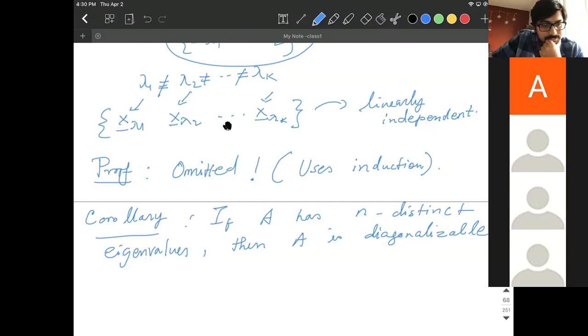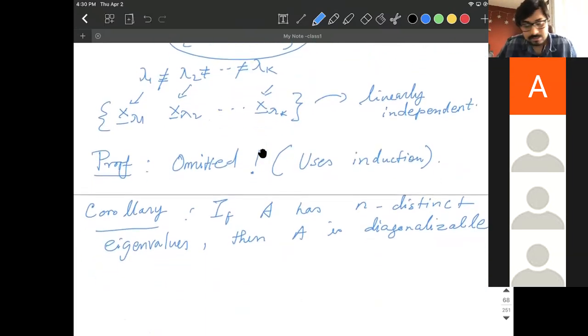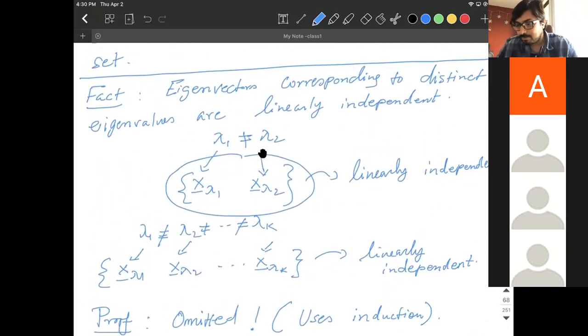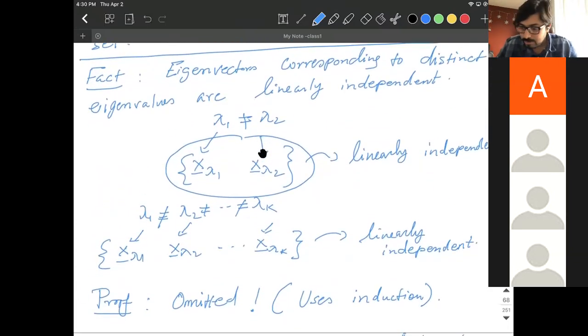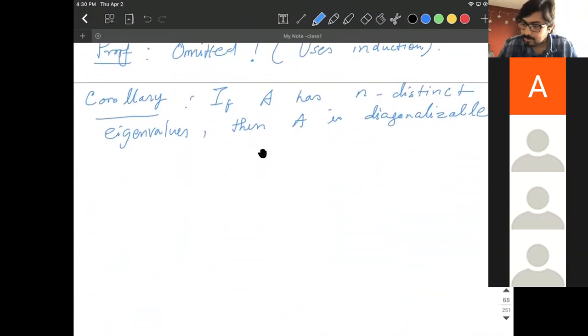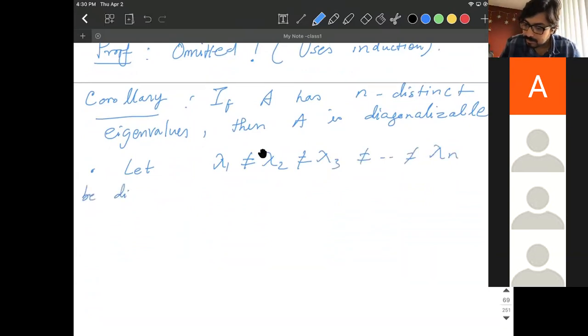No ideas? So what does it mean? A has n distinct eigenvalues. So immediately, if you appeal to this fact, what do you get? Let lambda 1, lambda 2, lambda 3 up to lambda n be distinct eigenvalues.